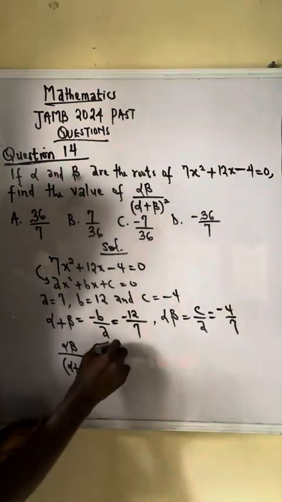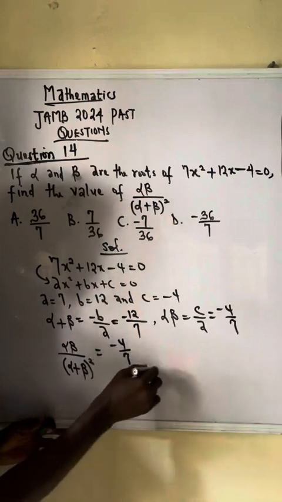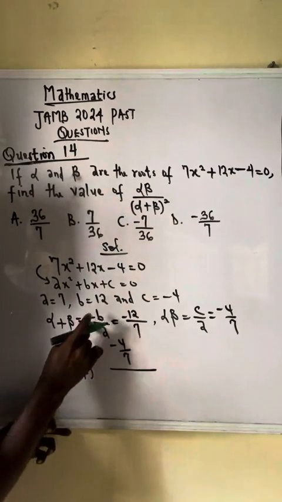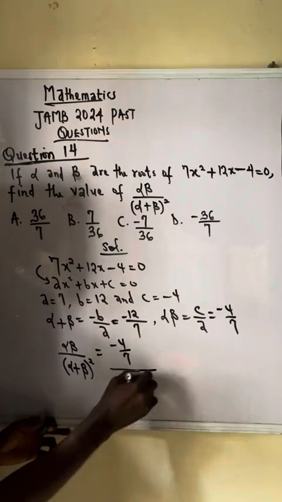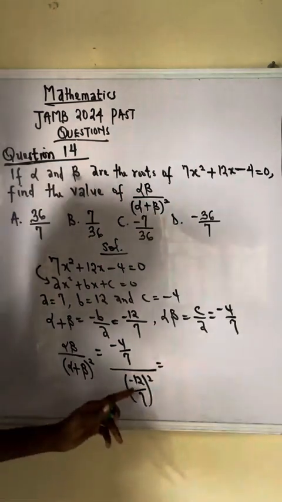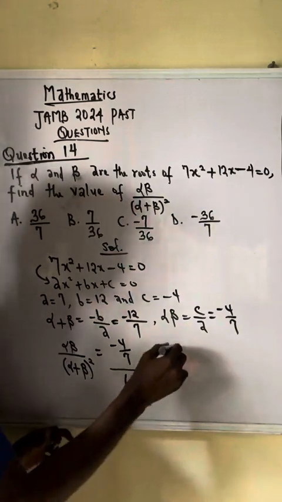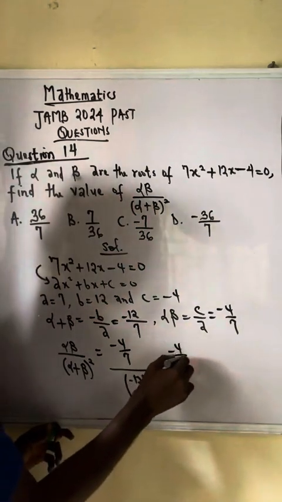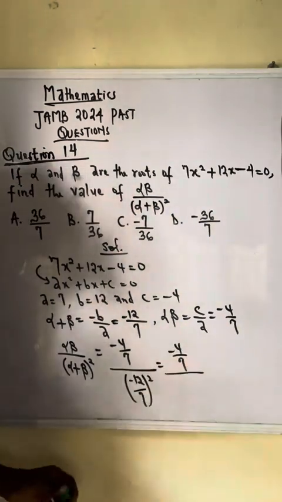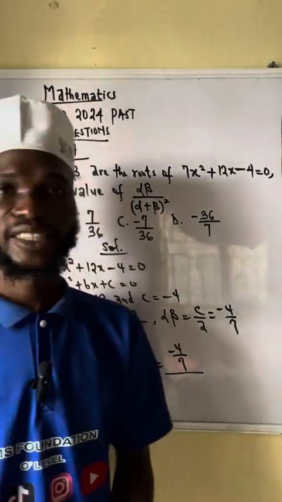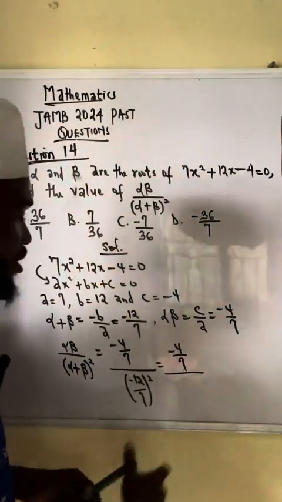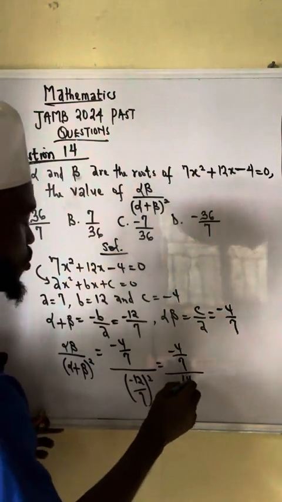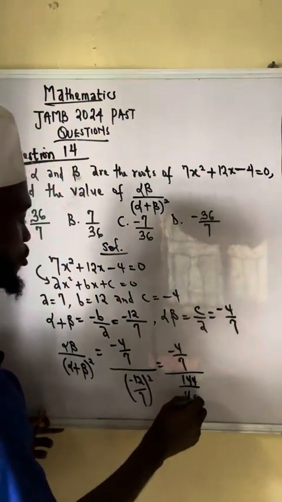Alpha beta is -4 over 7, all divided by alpha plus beta squared, that is minus 12 over 7 all squared. So deal with this first. I will have -4 over 7 all divided by minus 12 squared. -12 squared, that's 144. It becomes positive. And 7 squared will give me 49. So this is 144 over 49.